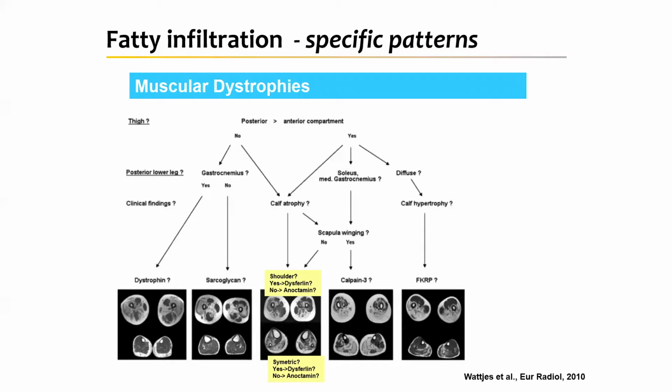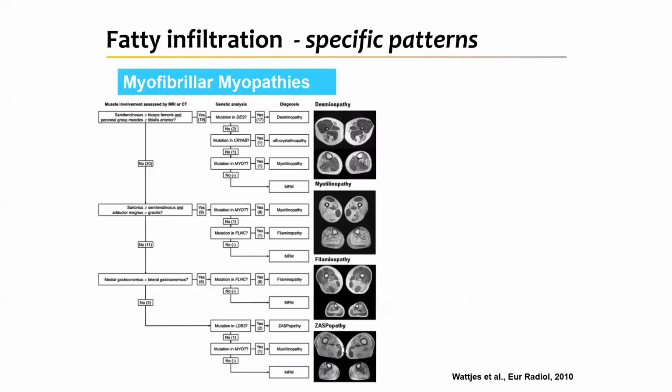No, it can be affected, less often than in dysferlin. So this is also an important message: the more we know about these patterns, and the more cases we collect and accumulate, the more cautious we must be with the description of patterns. So there are trends, but there are always also exceptions.